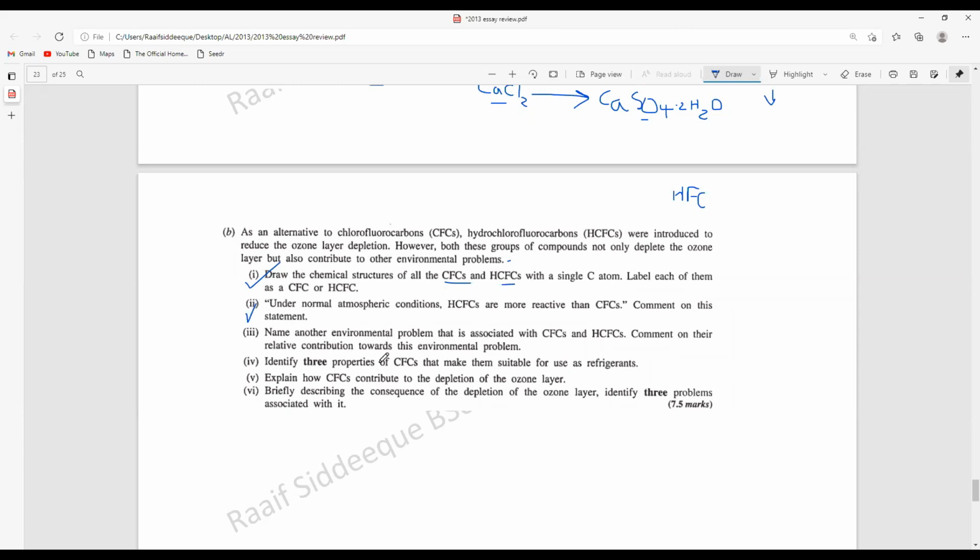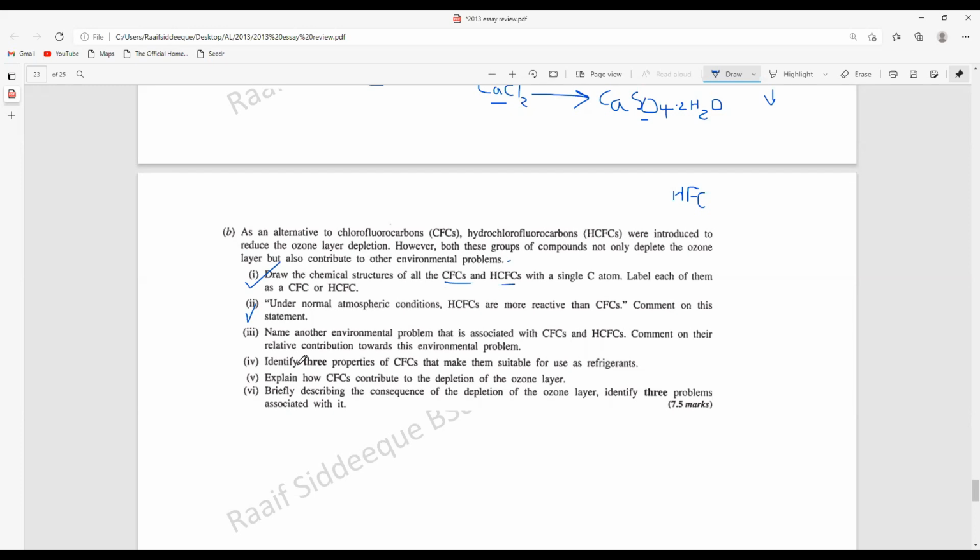Name another environmental problem that is associated, and comment on their relative contribution towards this problem. This comes directly from the notes, because we always try to study from the notes. HCFCs and CFCs are both greenhouse gases which can contribute to global warming, the gradual rise in temperature.